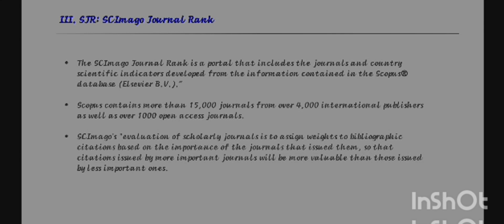This SCImago or SJR evaluation of scholarly journals assigns weight to bibliographic citations based on the importance of the journals that issued them. So citations issued by more important journals will be more valuable than those issued by less important ones.